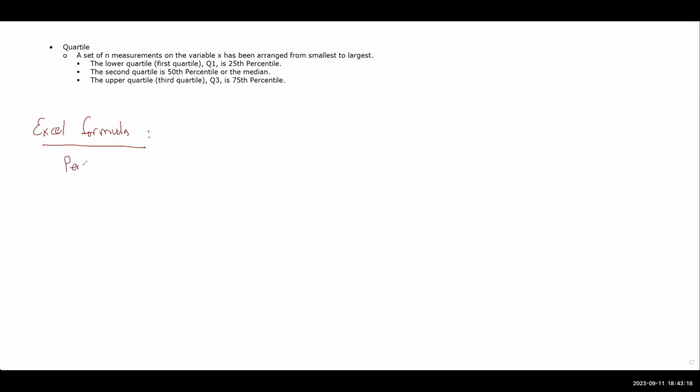For percentile, it's the following. And the quartile is the following.